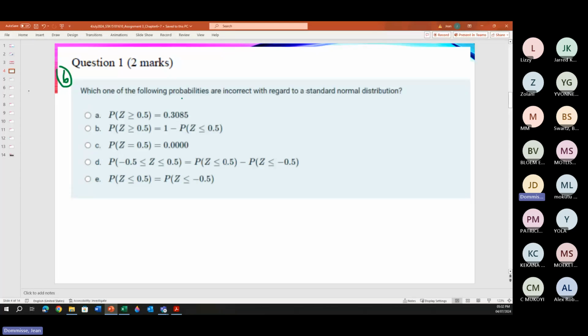Which one of the following probabilities is incorrect with regard to the standard normal distribution? Let's look at A first. The probability that Z is bigger or equal to 0.5.